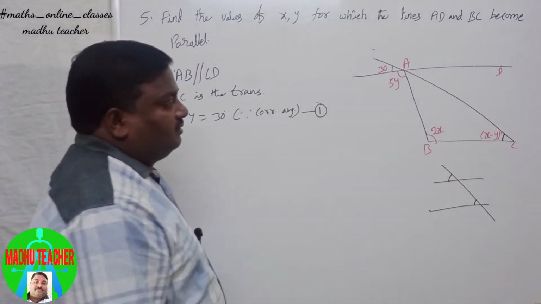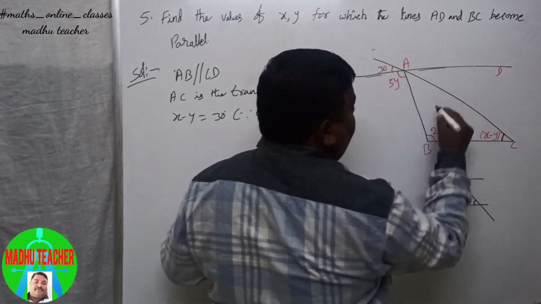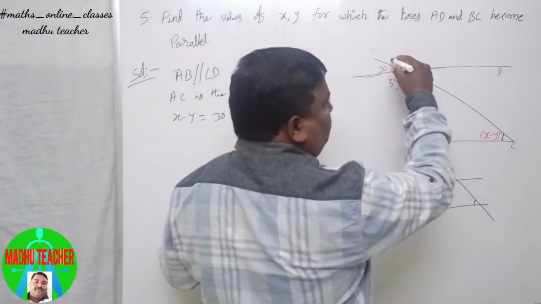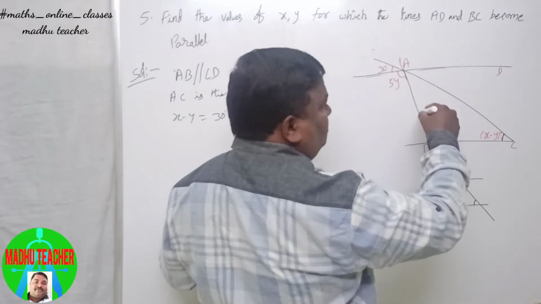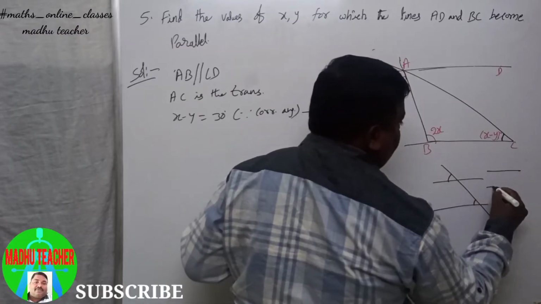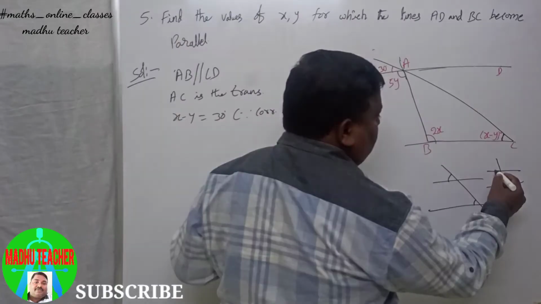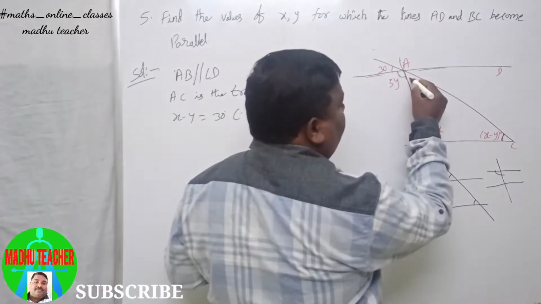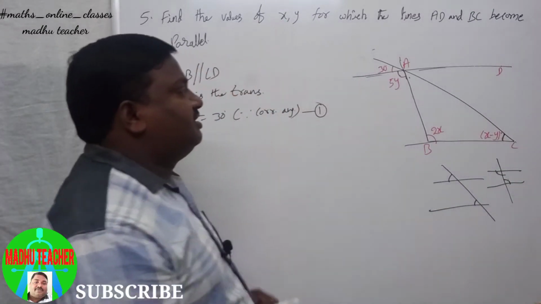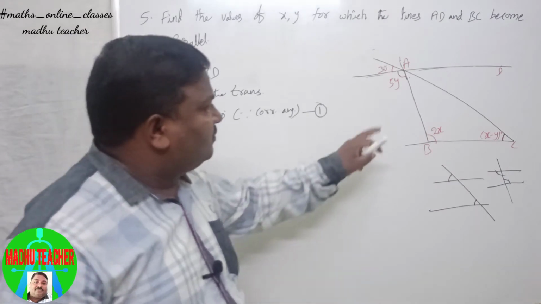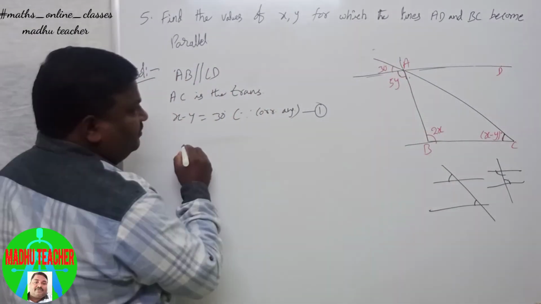Next, AD and BC are parallel, and this is the transversal. So this 5y and 2x are alternate interior angles.